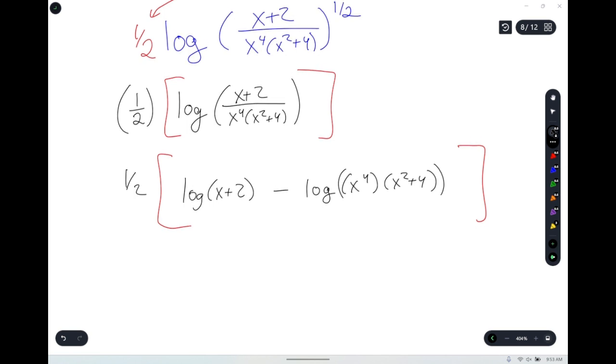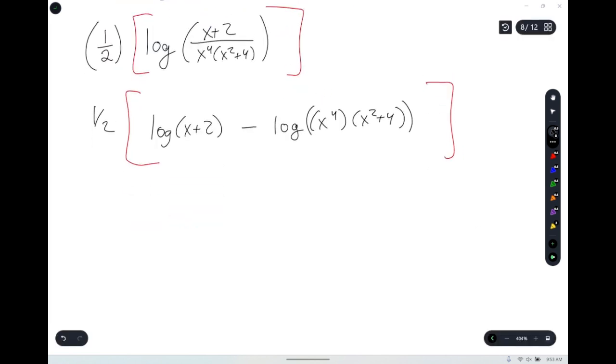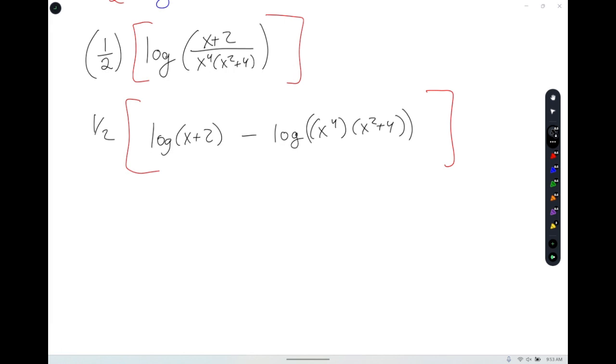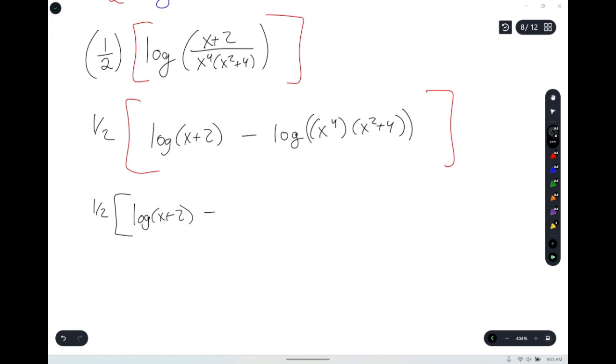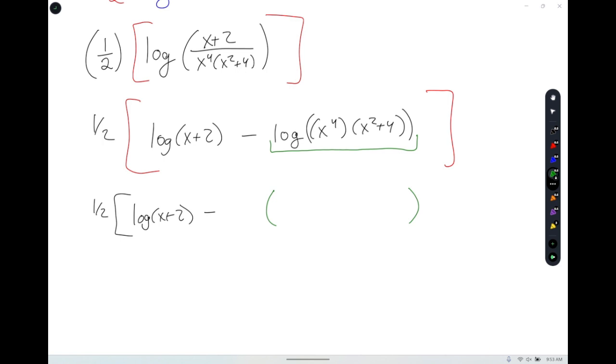Can we do anything else? Split the multiplication, and it turns into 1/2, big old brackets, log of x plus 2 minus, be so careful with that minus sign. This is saying minus this whole green thing, right? It's not just minus the first term once we split it. It's minus the whole thing. So you either have to put good parentheses around it or distribute your minus sign, or both in steps. I'll show you here.